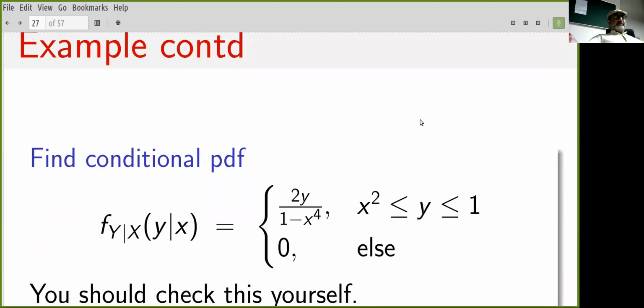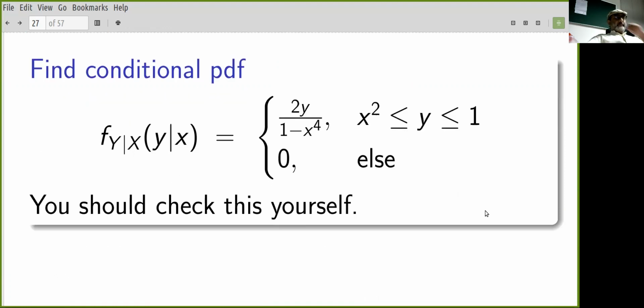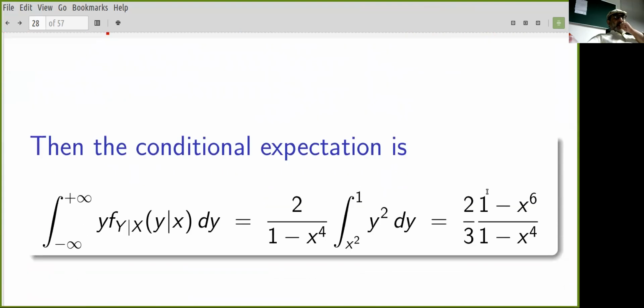So once you have the marginal for x, you can find the conditional PDF, and you should get that the conditional PDF is given by 2y over 1 minus x to the fourth on the region defined by x squared less than or equal to y less than or equal to 1.